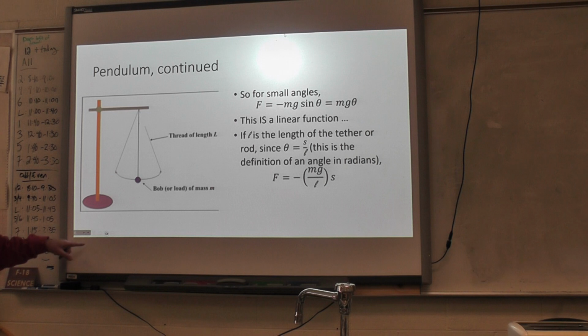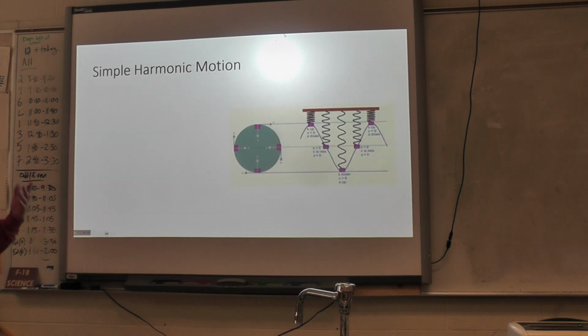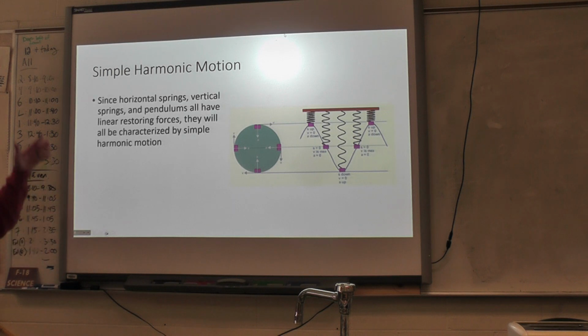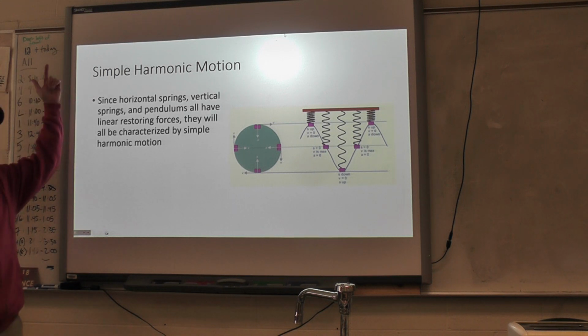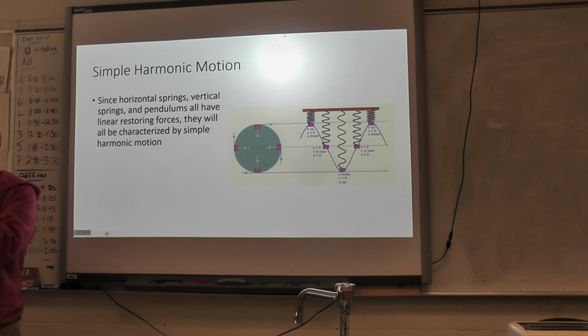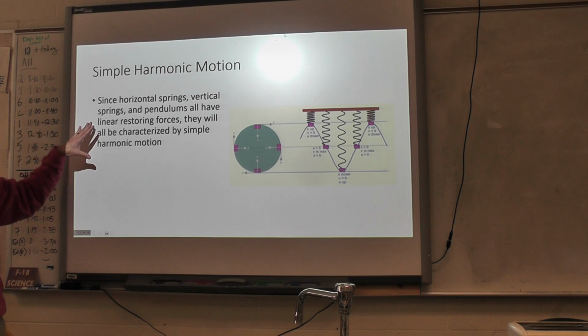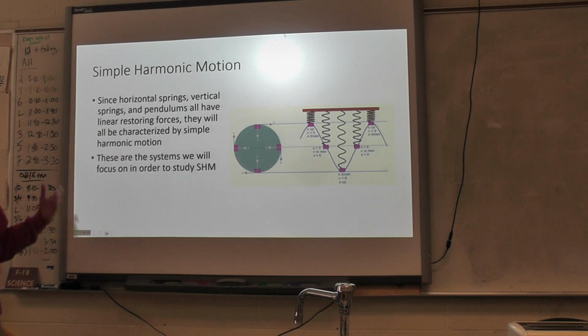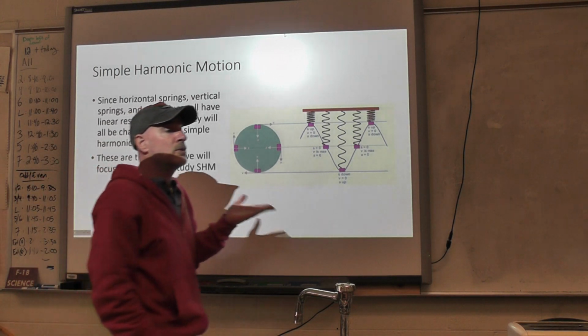That will be a linear function. So pendulums should show simple harmonic motion. All right, so that means that horizontal springs, vertical springs, and pendulums will all show that characteristic of a linear restoring force. And I am proposing to you that if we have a linear restoring force, then we will see simple harmonic motion. So we're going to stick to studying those systems.